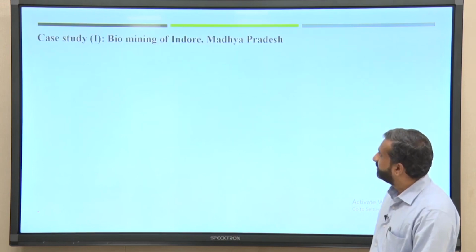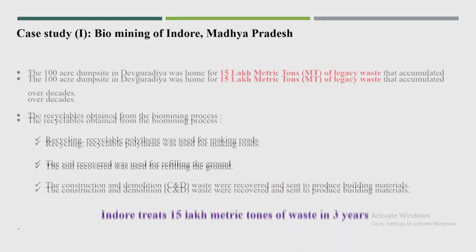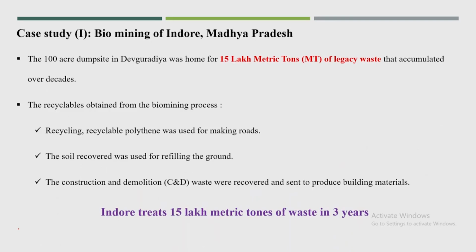The first is Indore, which I think is one of the cleanest cities in India, or the cleanest city. They had a 100-acre dump site in Devguradiya, home to 15 lakh metric tons of legacy waste accumulated over decades.